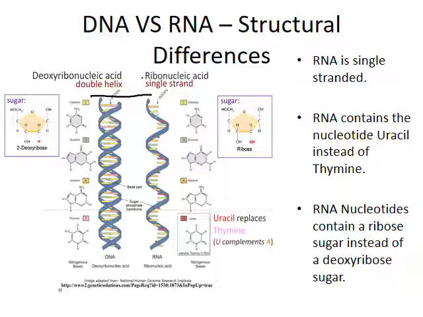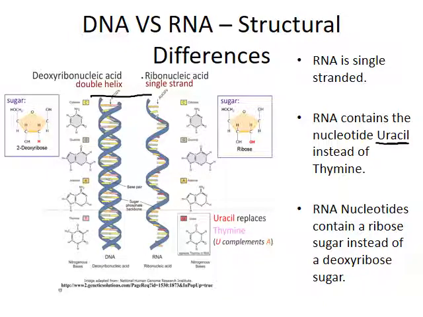The other structural difference is in the bases, the nitrogenous bases. So in DNA, we have adenine, thymine, guanine, cytosine. In RNA, we have adenine, but there's no thymine. In RNA, the thymine is replaced with a different base called uracil.